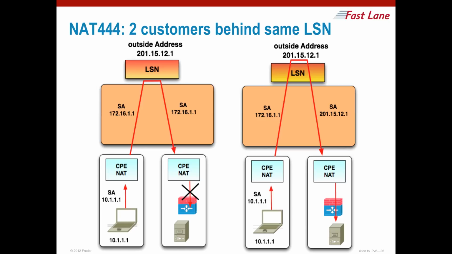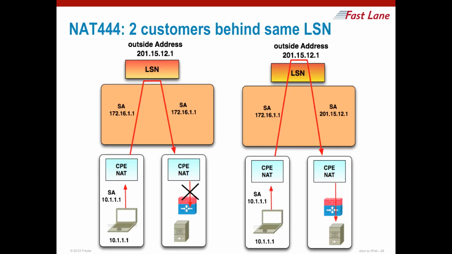Another problem is when two customers are behind the same NAT box, because the packet will come back to the next customer with a private source address. And usually most firewalls don't like to see a packet coming from the internet with a private source address, and usually they are going to filter out these packets.